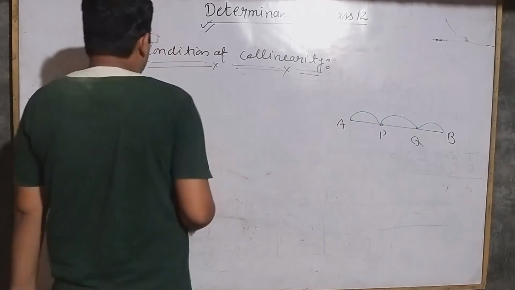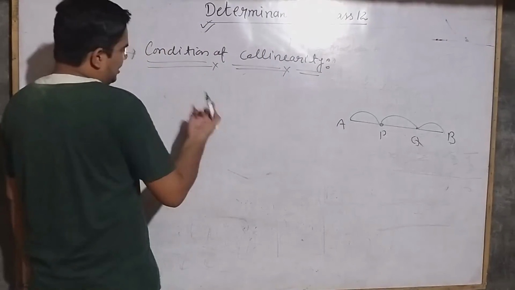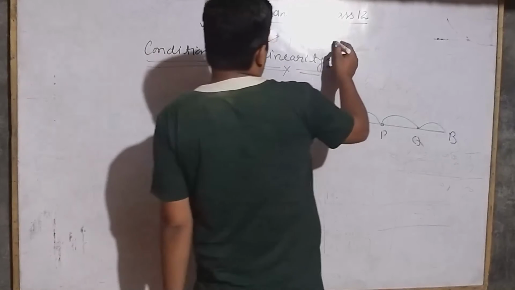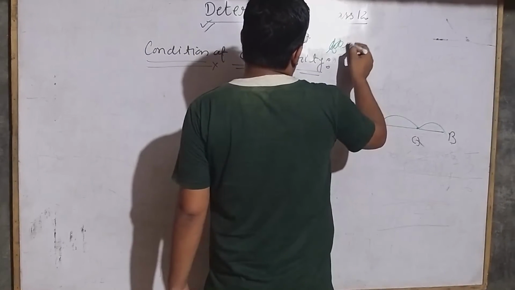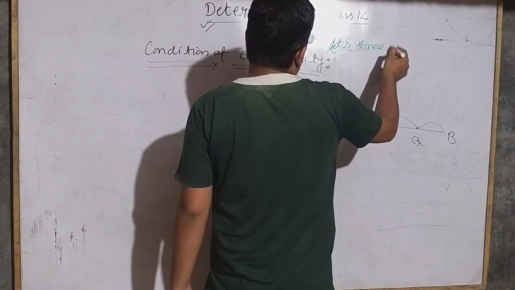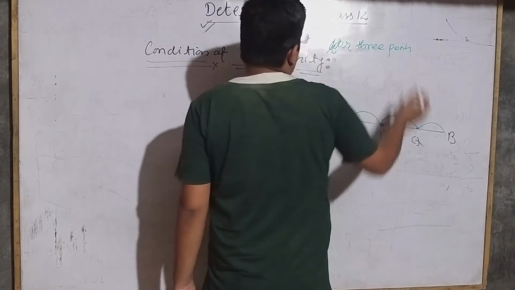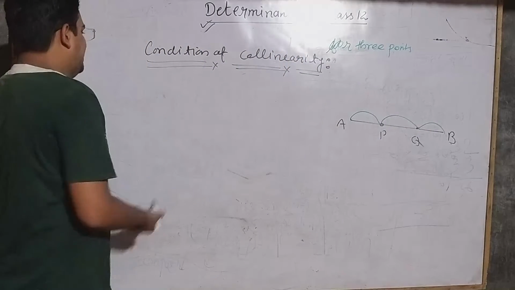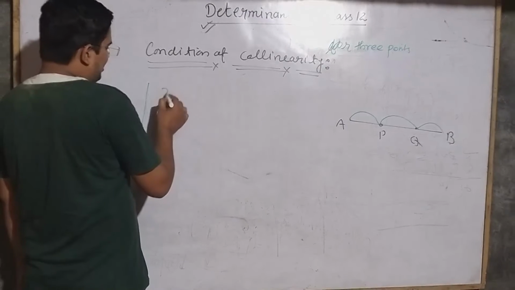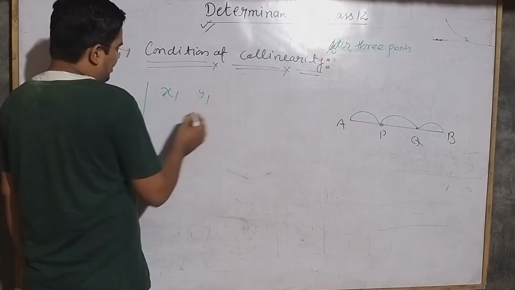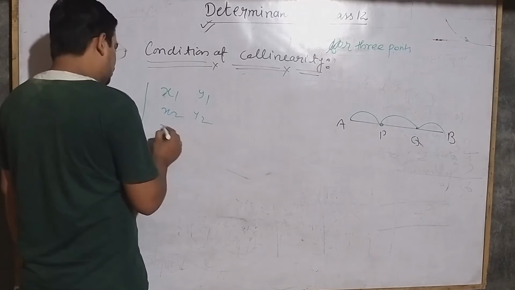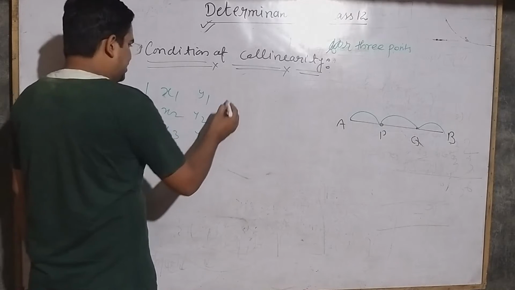So what is the condition of collinear? If the area of any triangle, what I'm saying, the condition of collinearity for 3 points, what is the condition? So simply you have to do one thing, just write down like this, x1, y1, x2, y2, x3, y3, and this is the 1, 1, 1.